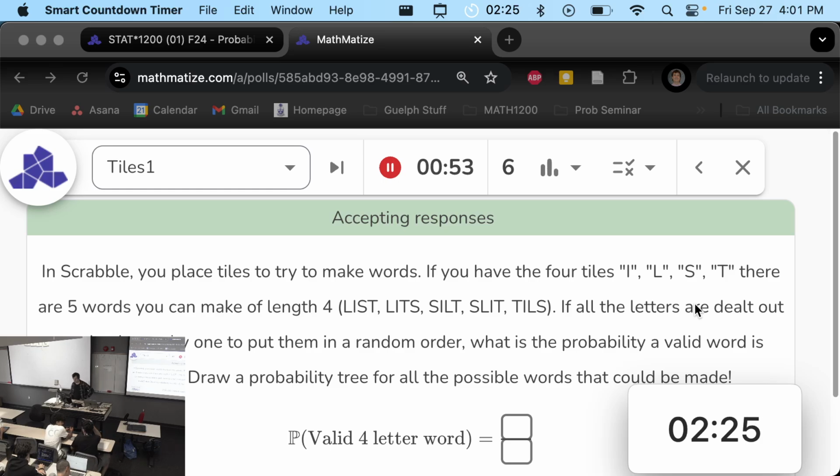There's 4 options for the first one. This is 5 and 24. I think that makes sense. 5 and 22.